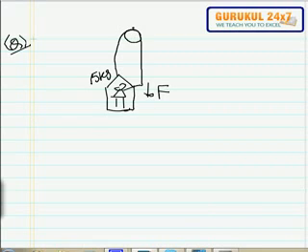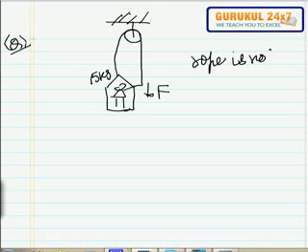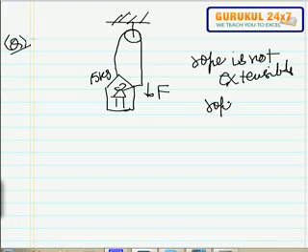Certain things are given to you, that the pulley is massless, the rope is also massless. The rope is not extensible, so that means it doesn't stretch.